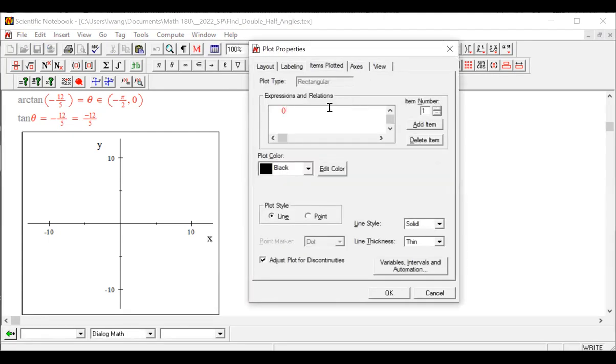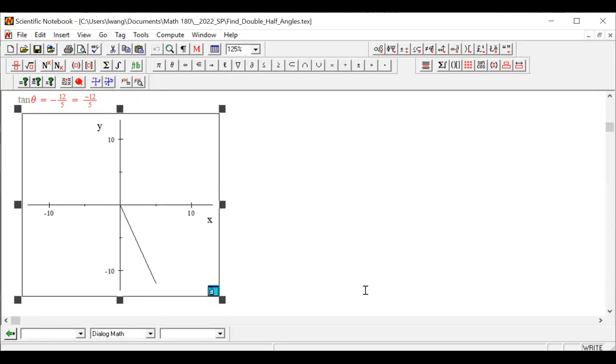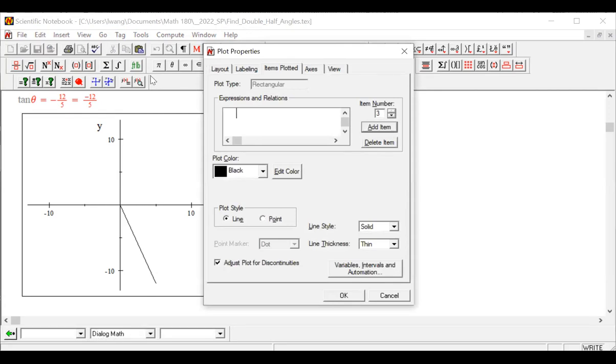That's a terminal side, because that's y over x. And we can also draw the red line and the blue line. So (0, 0) to (5, 0), that's going to be the red.